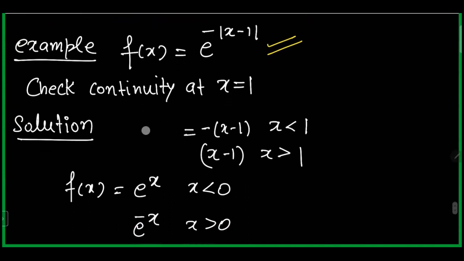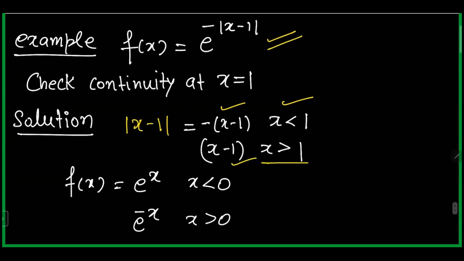So let's check. Mod x minus 1 will be equal to minus of x minus 1 if x is less than 1, and it will be simply x minus 1 if x is greater than 1. So I can put these values here.